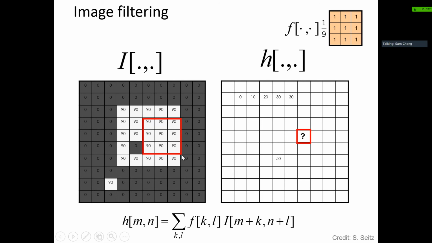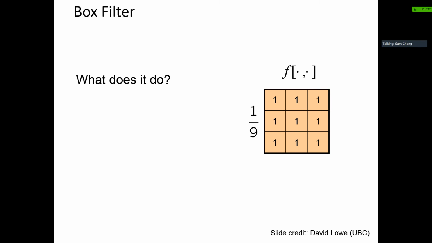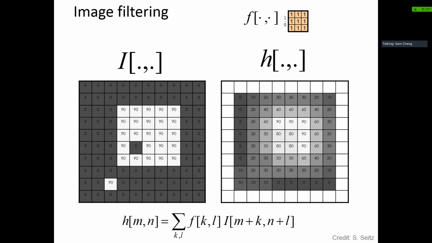Inner product meaning that for each element, I multiply this to this and add this to this and so on and so forth, right? If you think of it this way, then I can generalize filters by replacing them with different filters. Instead of the box filter, I can have a different kind of filter.